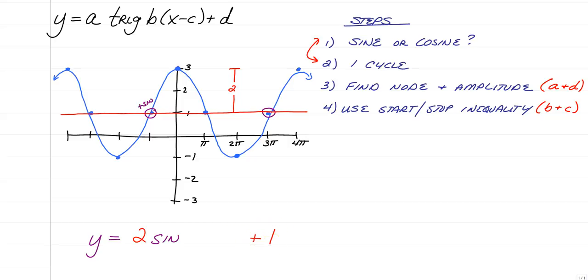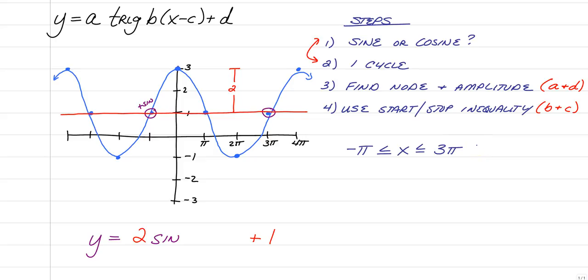Okay? Next, we are going to work with our inequality for our start and stop. So if you remember when we're graphing, we would set up something from 0 to 2 pi or 0 to 360, and then we would use the given B and C values to create whatever else we needed to graph. Now this time, we are going to choose our start as negative pi, which is less than or equal to x, which is less than or equal to our stop, which is 3 pi.